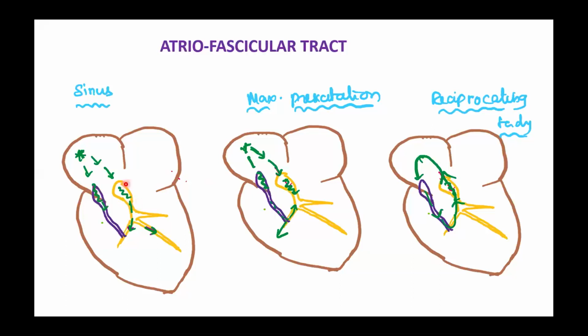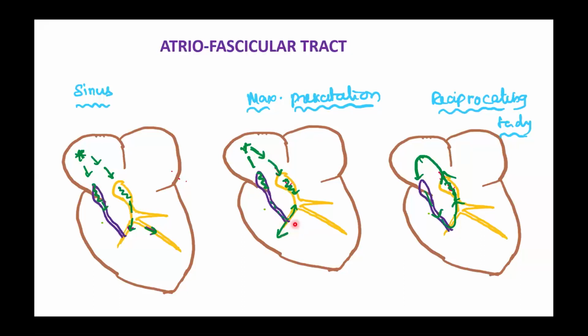For example, in sinus rhythm, minimally only the ventricle is pre-excited via the atriofascicular pathway. It majorly will go via the AV nodal route. So we will see only subtle signs of pre-excitation in the ECG. With maximal pre-excitation, the impulse goes via the AV node also, and majorly via the fascicular pathway.